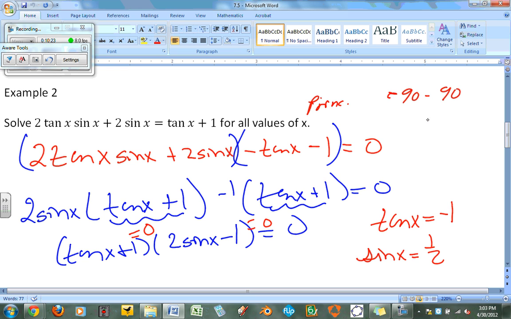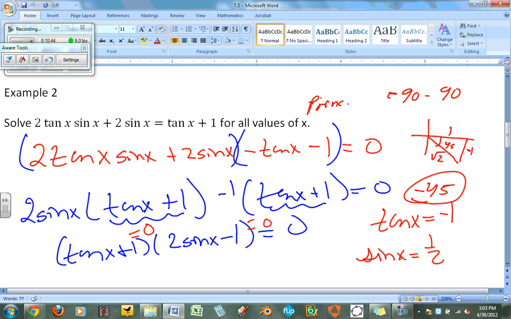Yeah. So down here 45 degrees. This would be 1, 1, square root of 2, and this would be negative. If this is 45 degrees, our tangent would be negative 1 over 1, which would be a negative 1. So negative 45 degrees is the answer for that one.